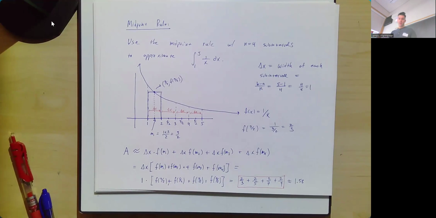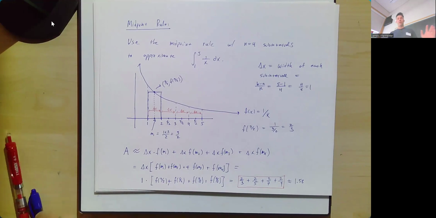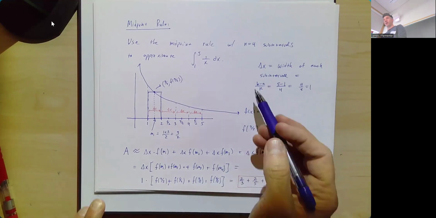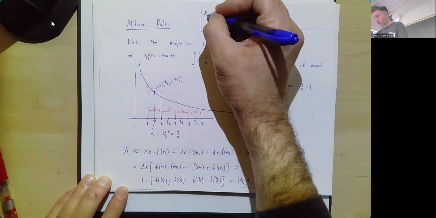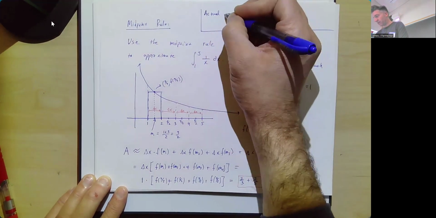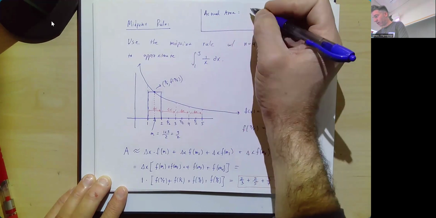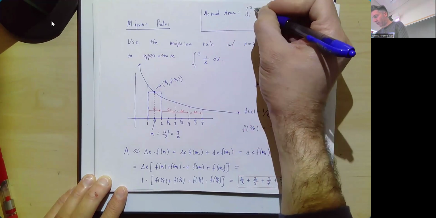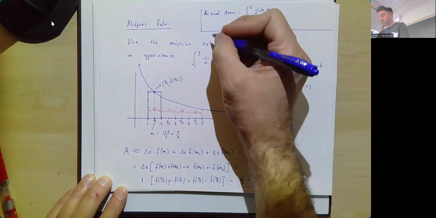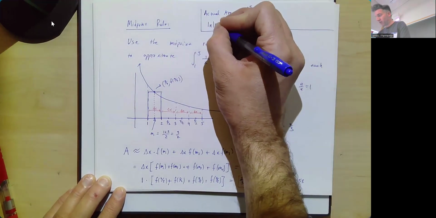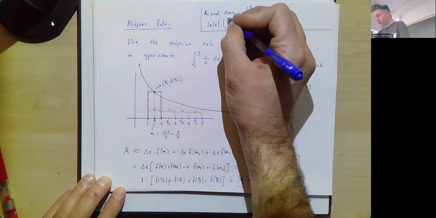And then just so you know, although this is certainly not a required part of this, I actually wanted to find the actual area under this curve, since we can. If we do the integral from 1 to 5 of 1 over x, well, the antiderivative of 1 over x is the natural log of the absolute value of x from 1 to 5.